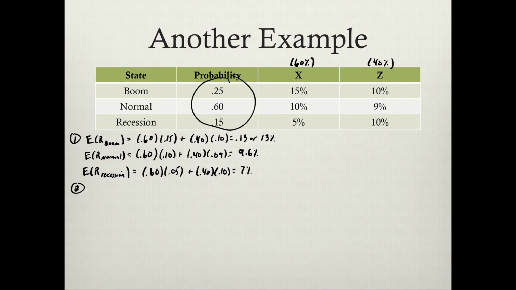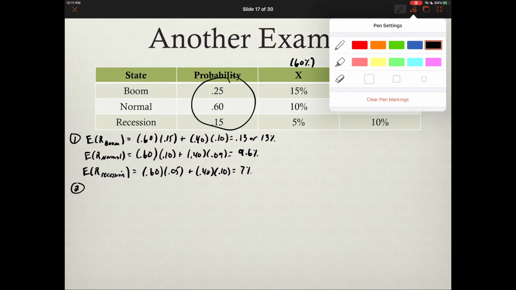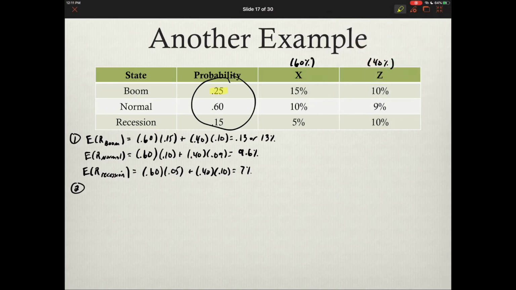Now we incorporate these probabilities. So once again, probability of occurrence multiplied by return, plus probability of occurrence multiplied by return, plus probability of occurrence multiplied by return, and we take the sum of those, and we get the expected return of the portfolio. Writing out what I just said, there's a 25% probability of a boom. In a boom economy, the portfolio has a 13% return.